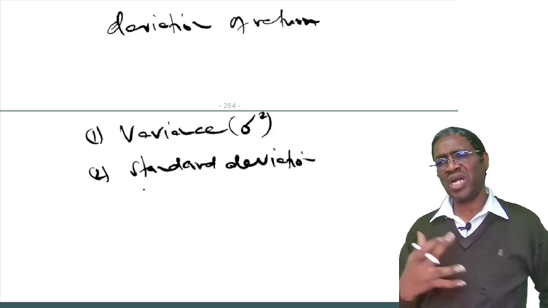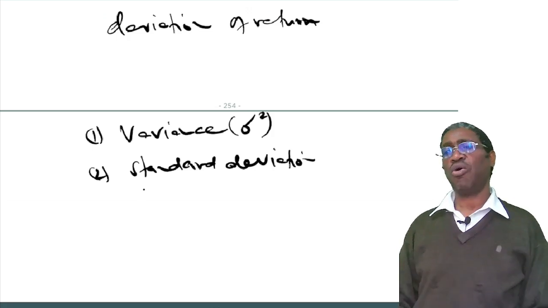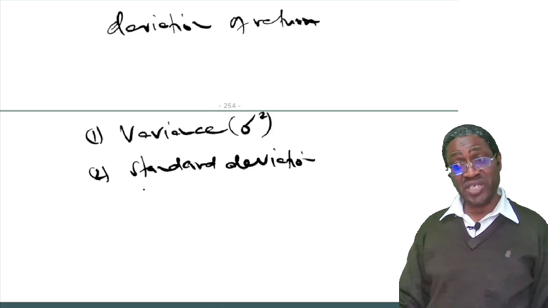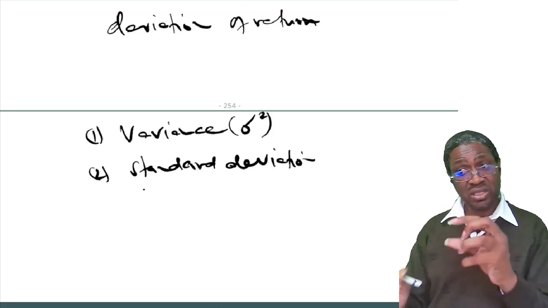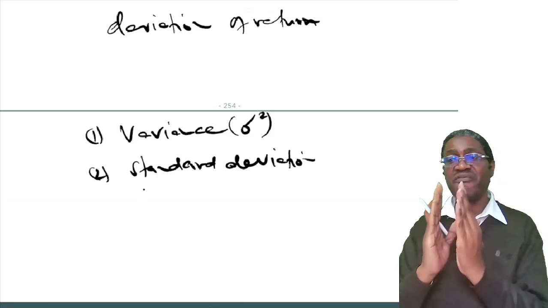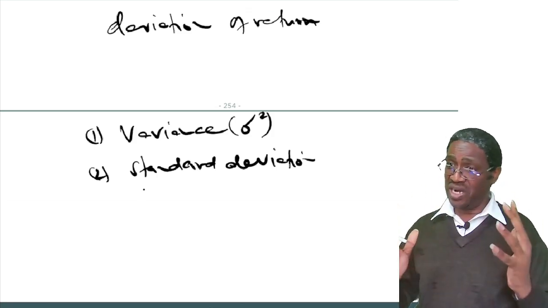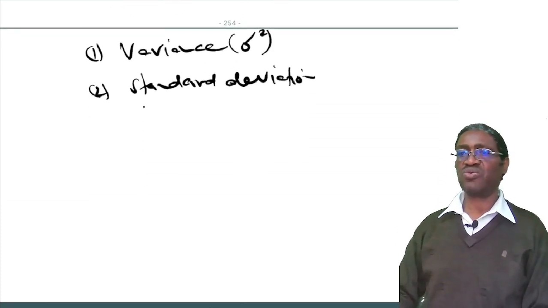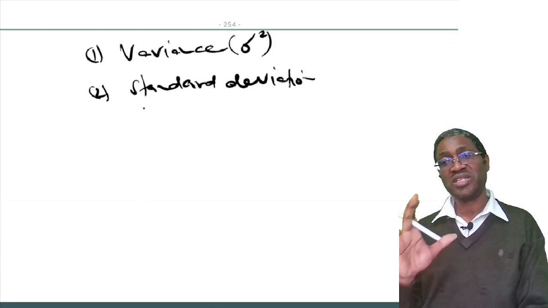But how do we calculate the variance of an investment? We have said variance means how it varies. How do the returns vary from the mean? That is the variance or the deviation.